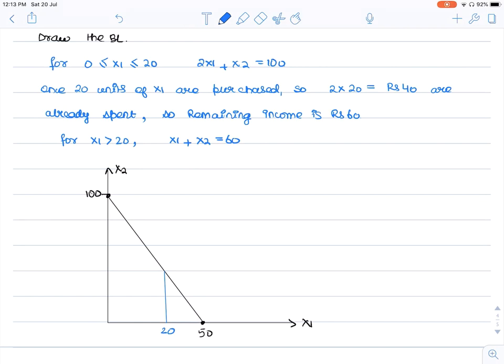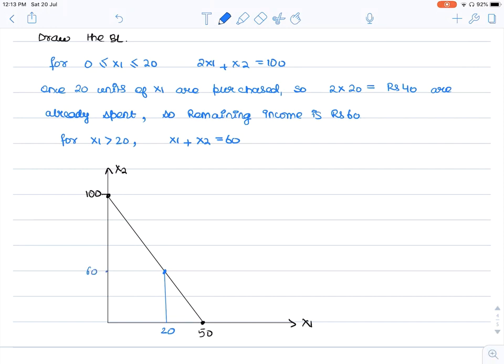Or you can also think in another fashion. After this point, which you have marked on this budget line, the remaining income which you have is 60 rupees. You have a choice.